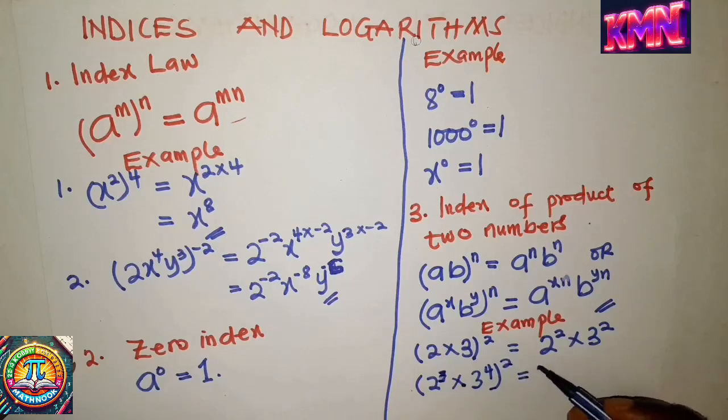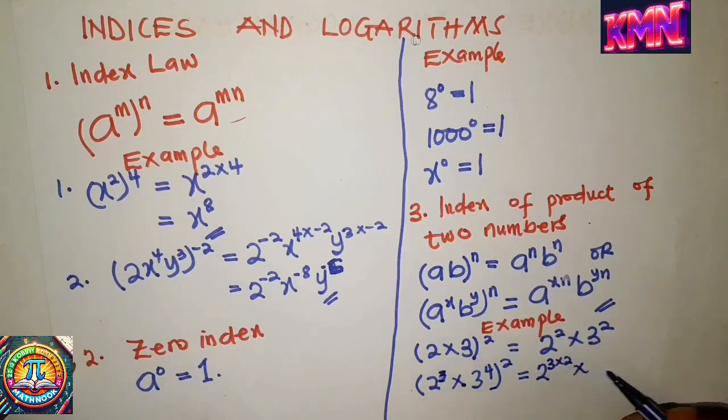This gives us 2 exponent 3 by 2, times 3 exponent 4 by 2. When you multiply the exponents, you get 2 exponent 6 by 3 exponent 8.